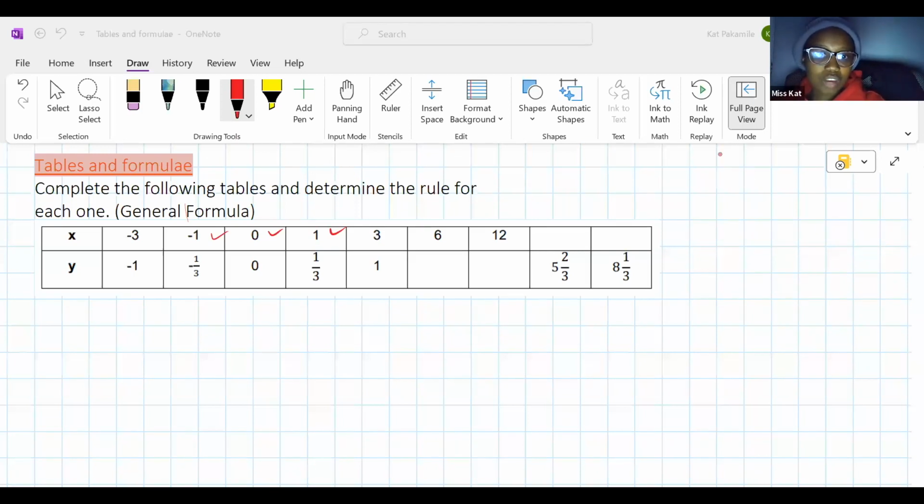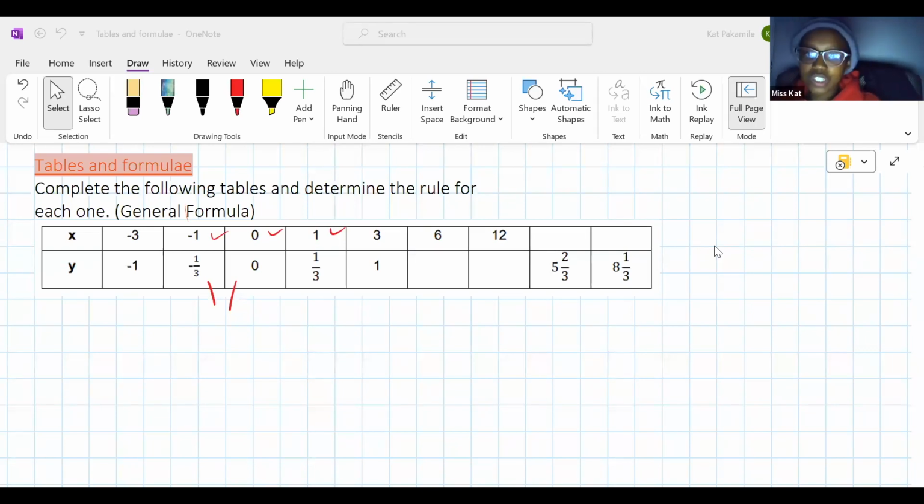So we're going to use those three to see if we have a common difference. Okay, so to get from -1/3 to 0, how much am I adding? How much am I adding or subtracting?